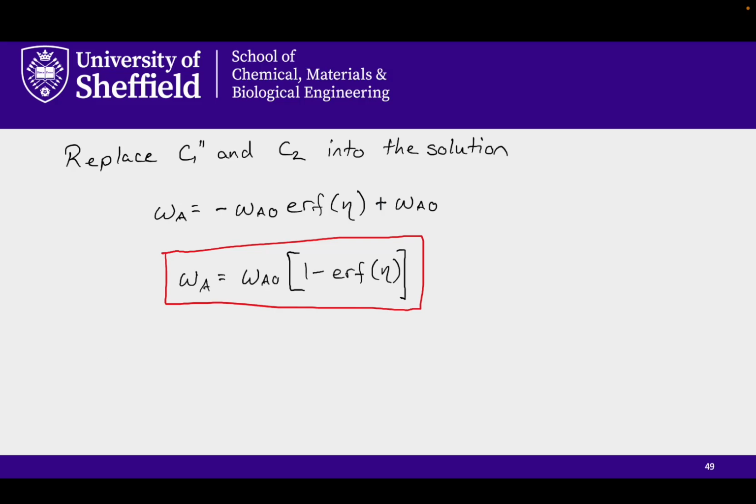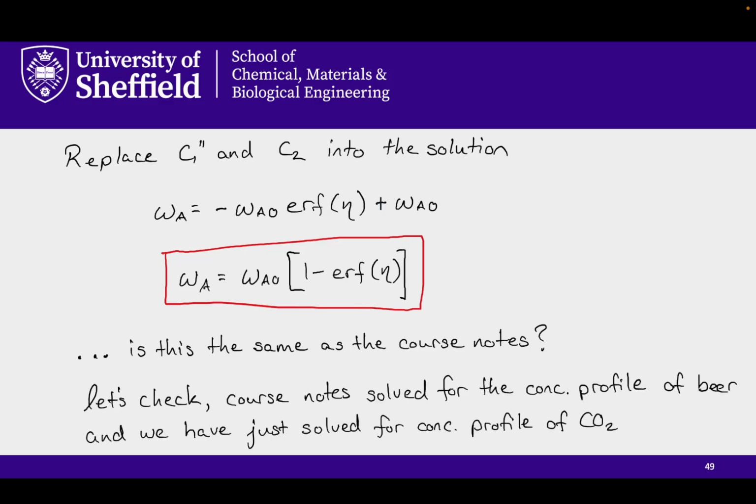Now looking at the solution, it doesn't look the same as the one in the course notes. There's a subtlety here, because in this example we're calling species A the carbon dioxide, and in the course notes we call species A the beer. In fact, it shouldn't matter which term we solve for.